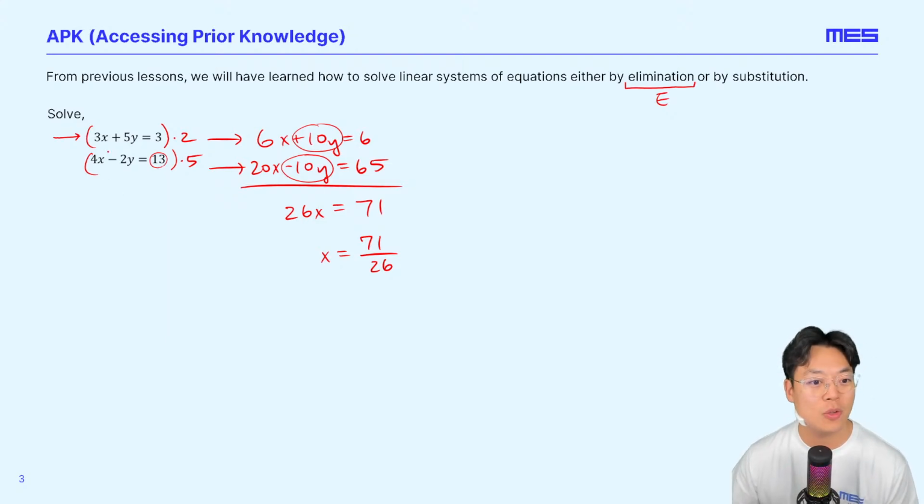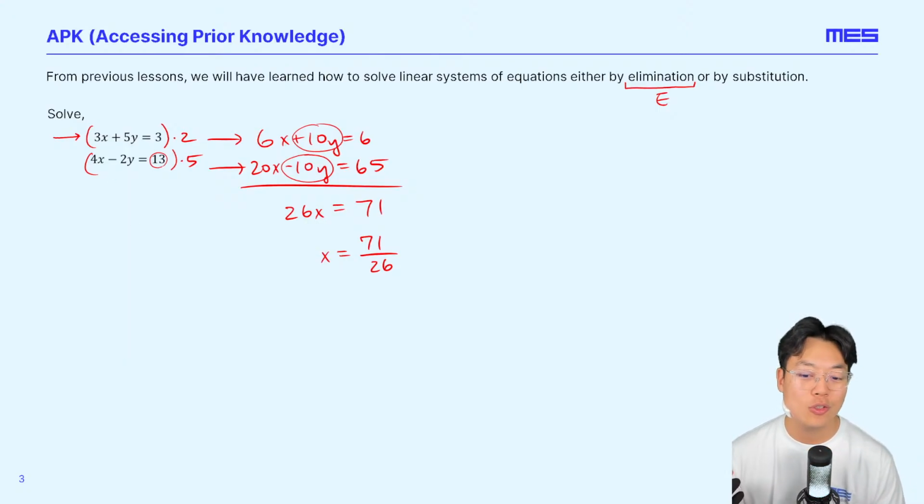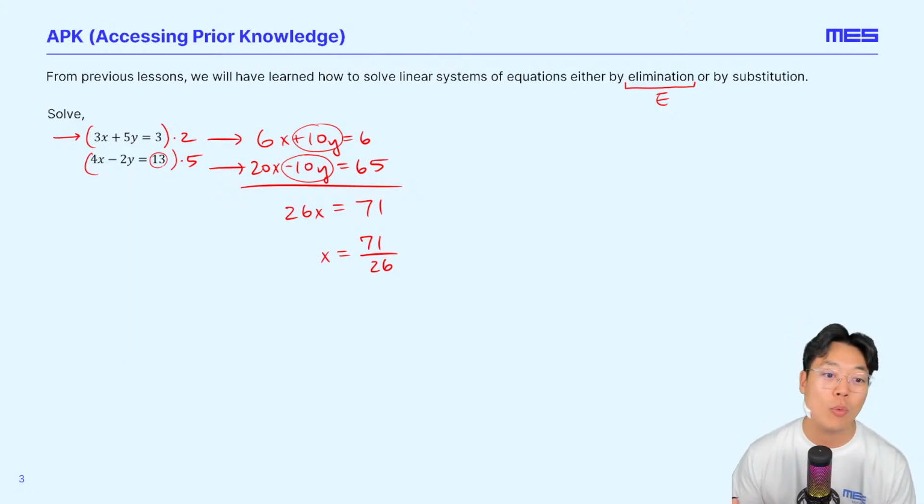Will I get the same y value when I plug in x equals 71 over 26? And the answer is absolutely. You can plug in 71 over 26 into either one of these equations, you get the same exact y value. We're just trying to work smarter, not harder, and think about which equation will be easier to work with.